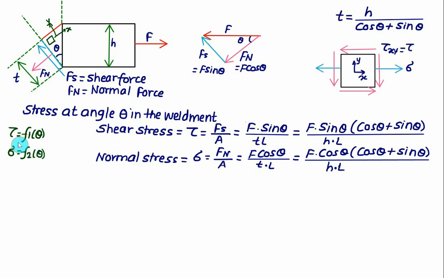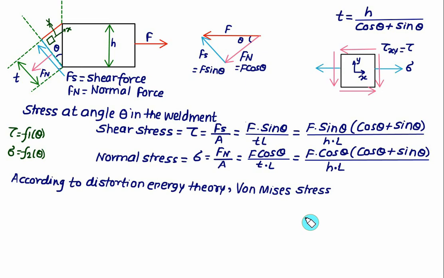Now since tau and sigma are both functions of theta, as theta changes, the values of tau and sigma will also change. At one particular value of theta, we have the maximum value of shear stress and the maximum value of normal stress. If we use the distortion energy theory, then we can calculate the von Mises stress at an angle theta, represented as sigma prime, which is given as the square root of sigma square plus 3 times tau square.